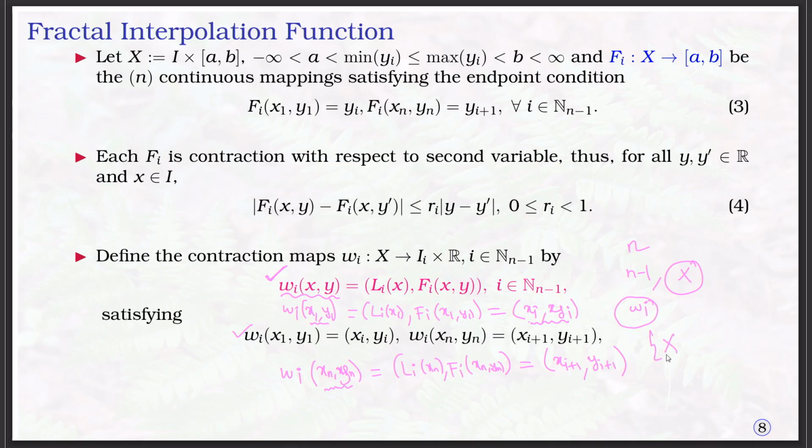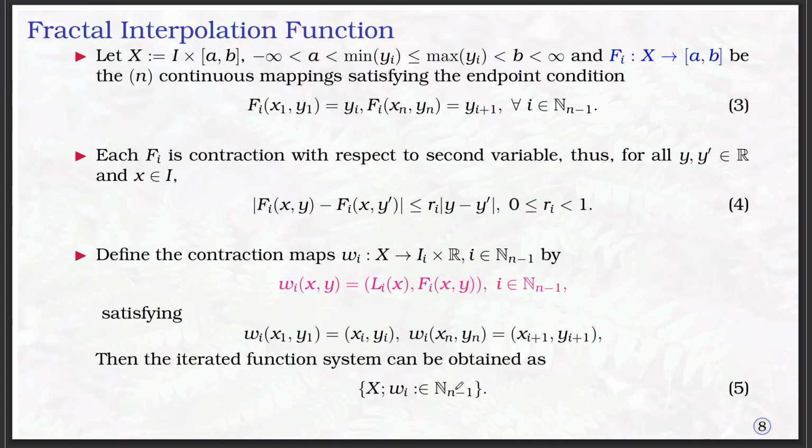This is our X and these are our Wi, where i belongs to 1 to n minus 1; there are n minus 1 mappings. This forms an iterated function system, more precisely a hyperbolic iterated function system.